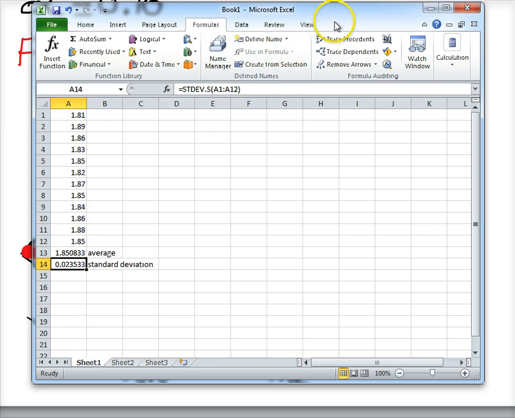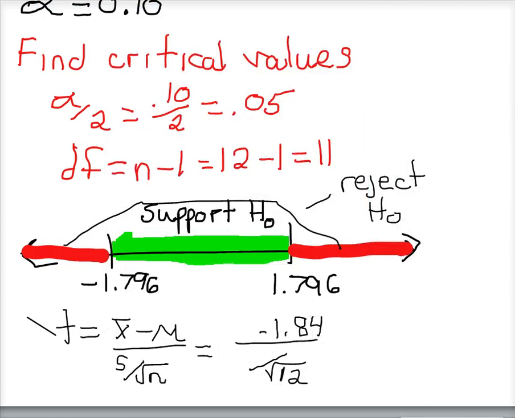These can be used in my formula. I'm going to round each of them to 3 decimal places. So the average from Excel was 1.851. The standard deviation, 0.024. I'll then use a normal calculator to calculate the top of the fraction: 1.851 minus 1.84 is 0.011.